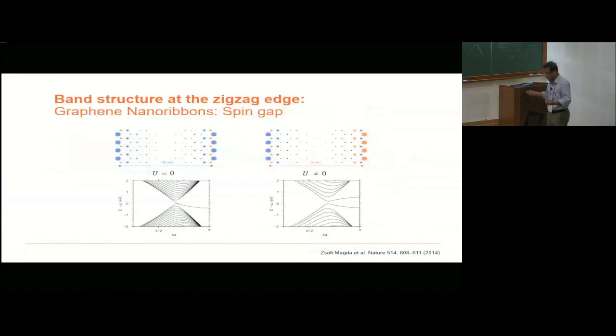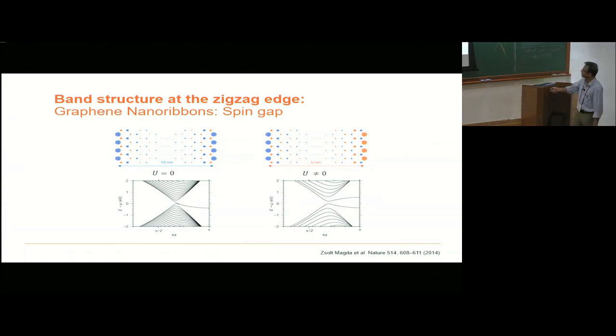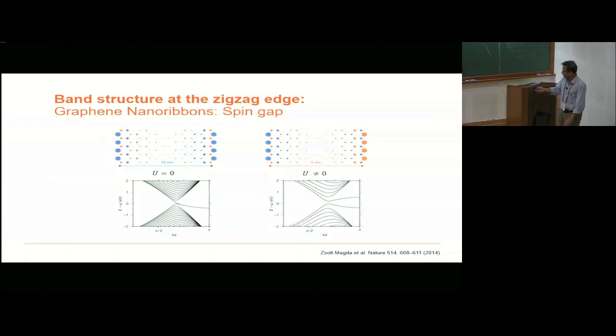And if you have a perfectly conducting one-dimensional mode, the conductance is 2e²/h. That is purely non-interacting physics. However, there have been theoretical works where you take into account the strong Coulomb interaction at the edges, and there still seems to be some controversy about exactly how strong the on-site interactions are and what their effects are.